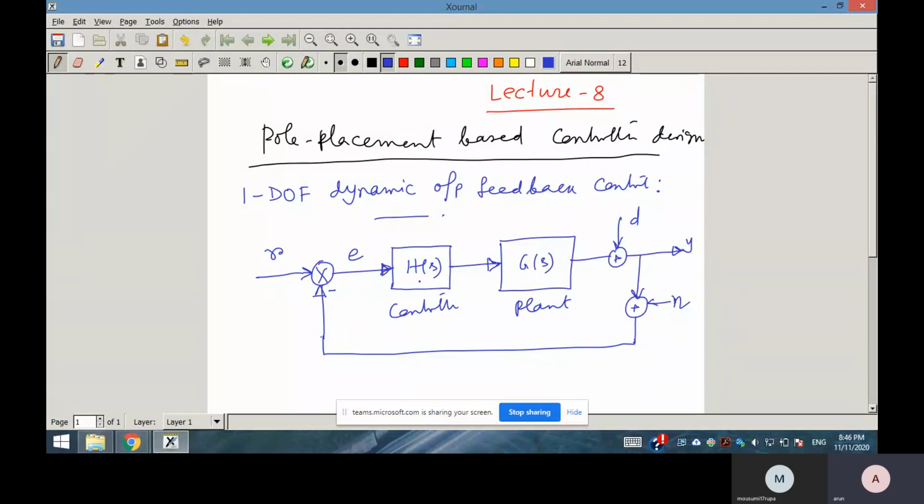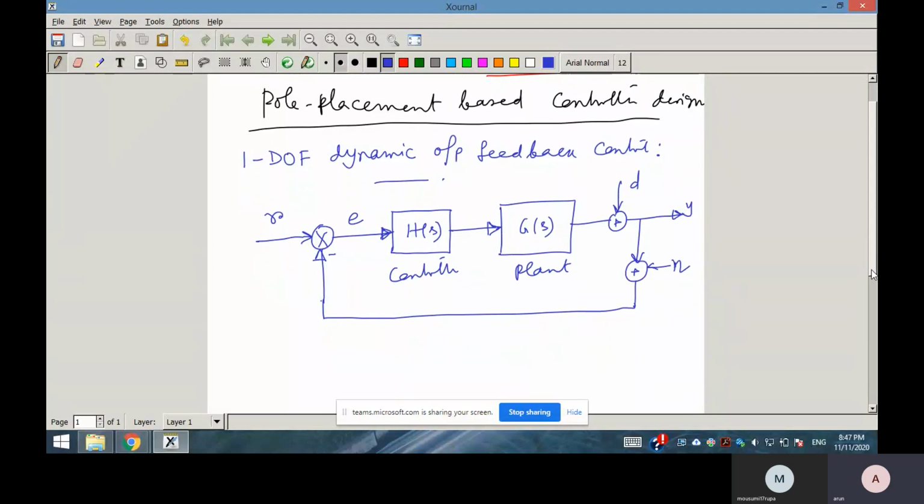The degree of freedom, in respect of the controller, is the number of independent inputs going into the controller. Here the number of independent inputs for the controller H(s) is only one, that is E, the tracking error. So that's why it is called 1 degree of freedom.